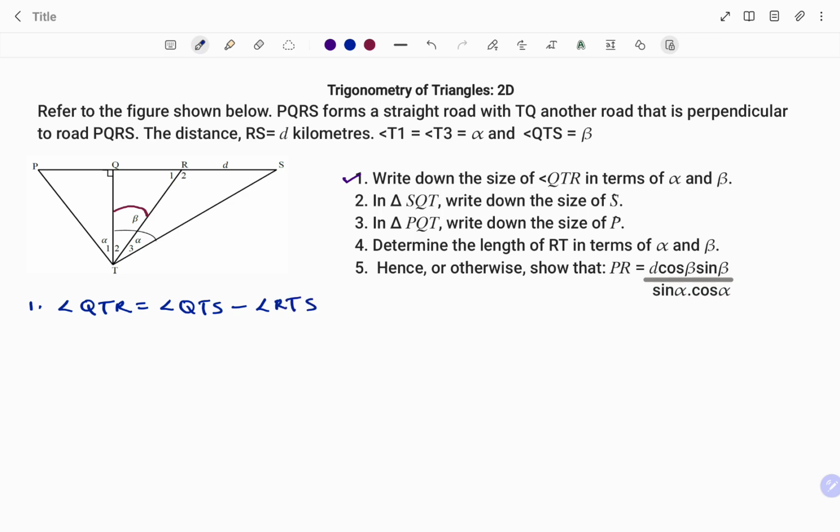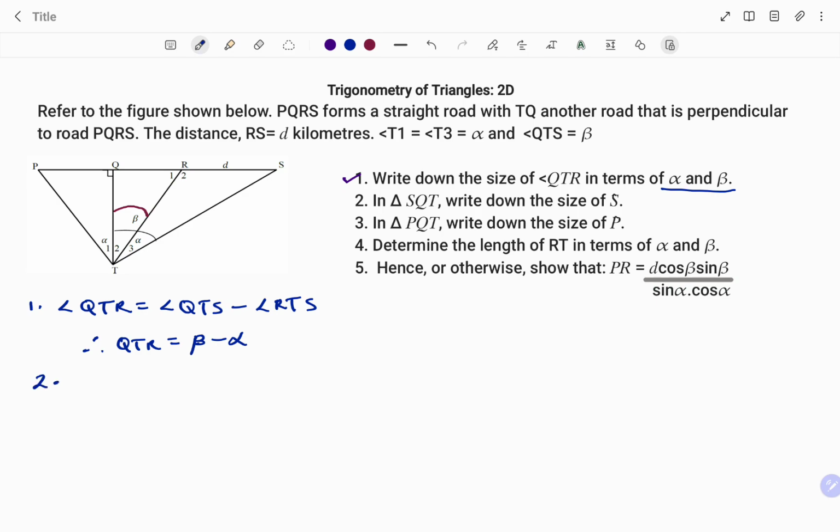Therefore, angle QTR is equal to angle QTS, which is beta, minus RTS, which is alpha. So we've been told to write that angle in terms of alpha and beta. So that's beta minus alpha.